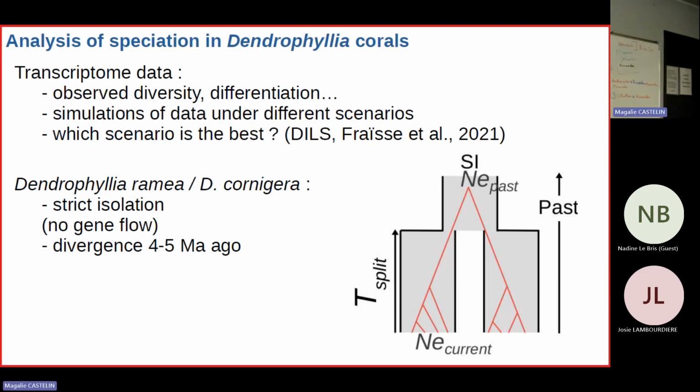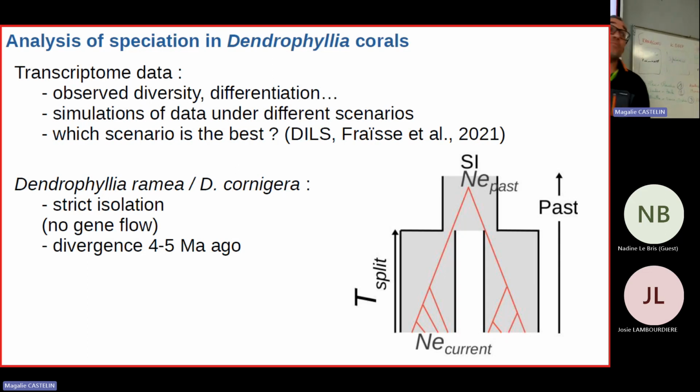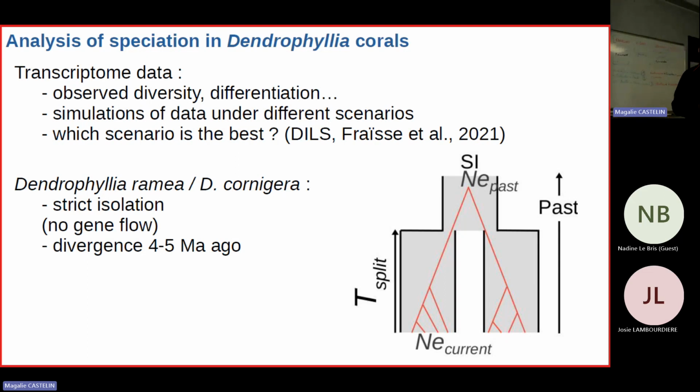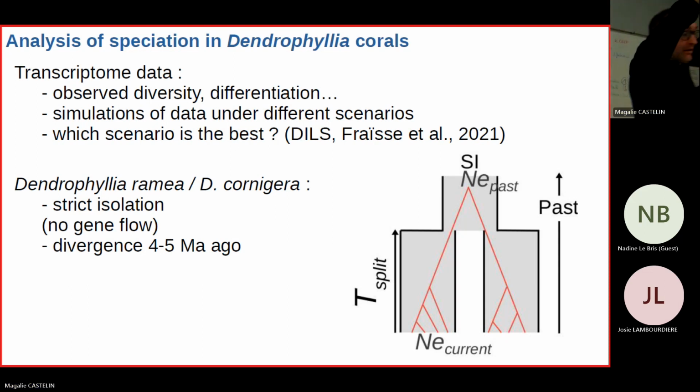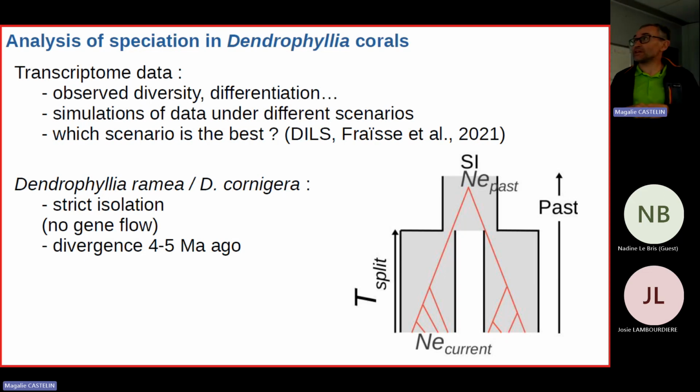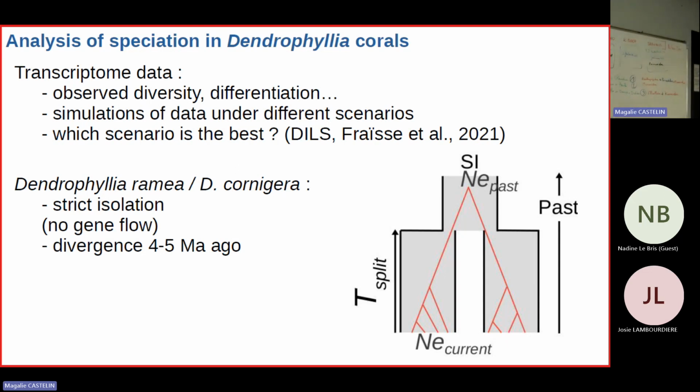Second, I used this pipeline, which is called DILS. DILS is for demographic inferences with linked selection. This pipeline will do simulations under different scenarios. The 4 scenarios are presented, but not only these. For each scenario, it will simulate the kind of genetic data you have, and it will compute the same statistics.